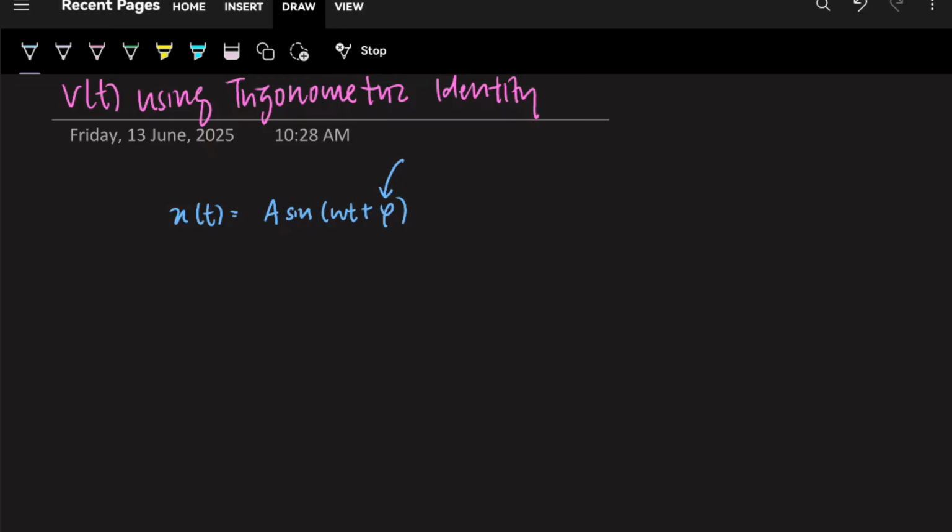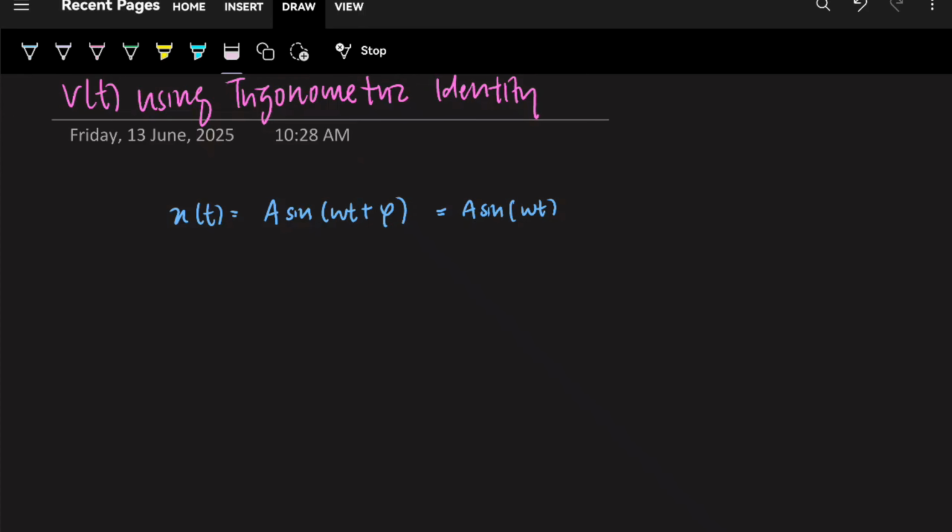So don't be surprised if you see this in an exam, but you can also just stick to writing A sine omega t. No problem, it's the same thing. For this video, I'm going to be using this function. Alright, so now we have our x function.